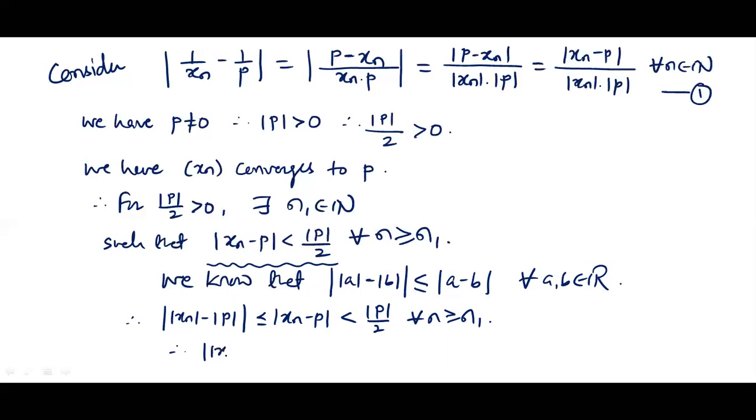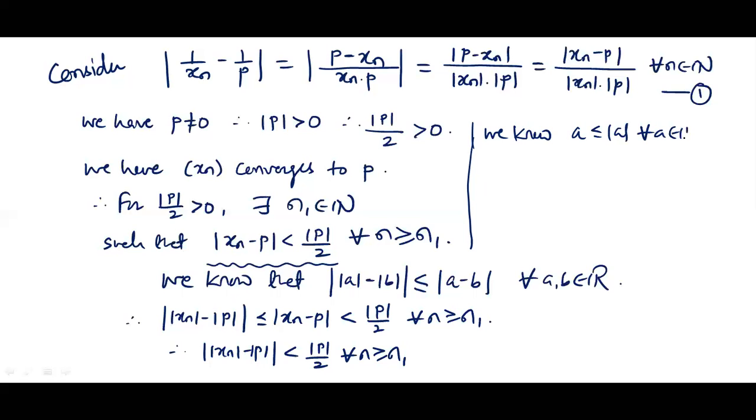But we know that mod of a is always less equal mod a for all a belongs to R. Therefore, we can write the left hand side as mod of xn minus mod of p is less than mod of p by 2 for all n greater equal n1.